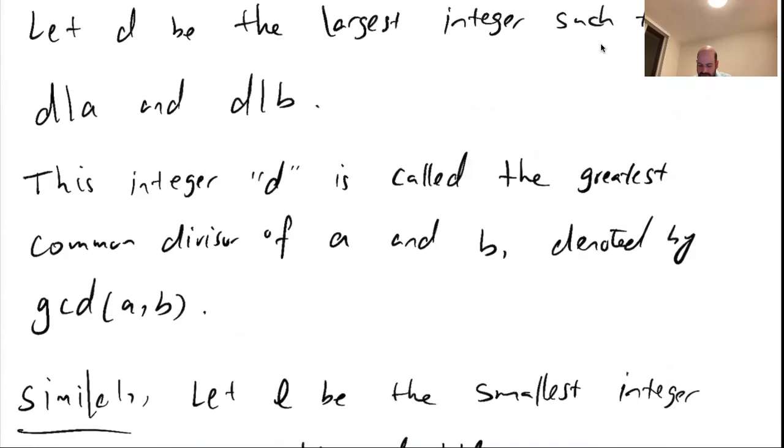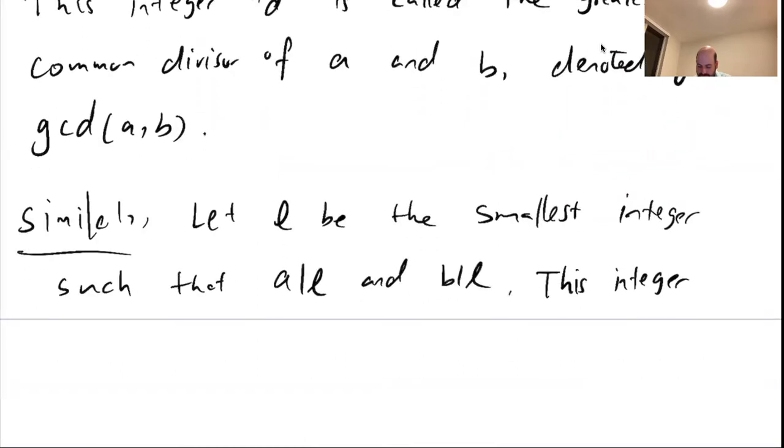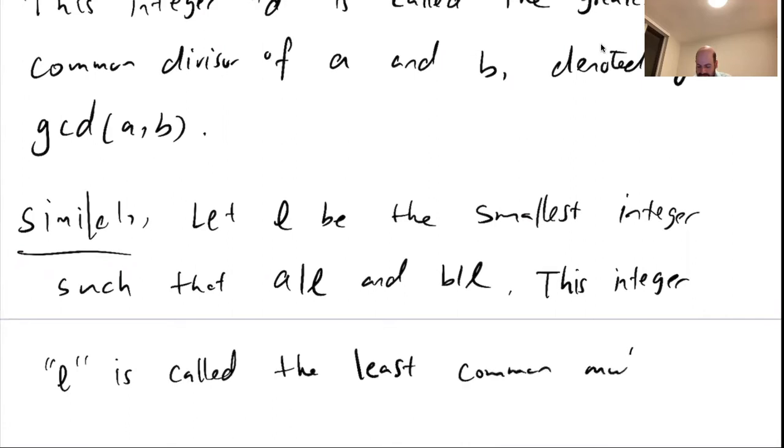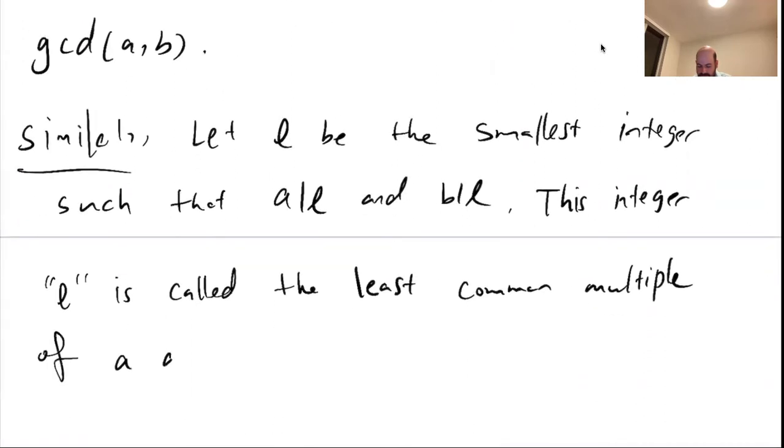This integer L is called the least common multiple of A and B, denoted by LCM of A and B.